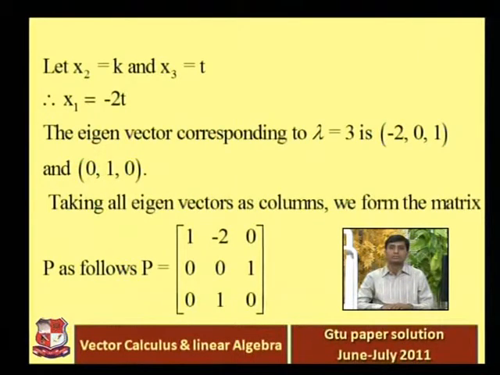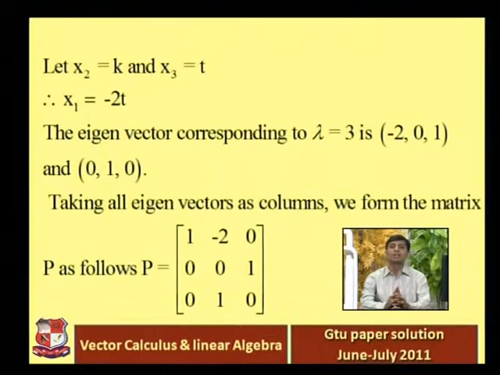Now you want to find P inverse AP, but you can directly write down the P inverse AP. The first column in this P is the eigenvector corresponding to lambda is equal to 2. So in P inverse AP, the first element is 2.